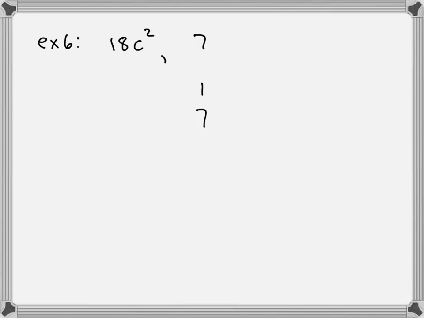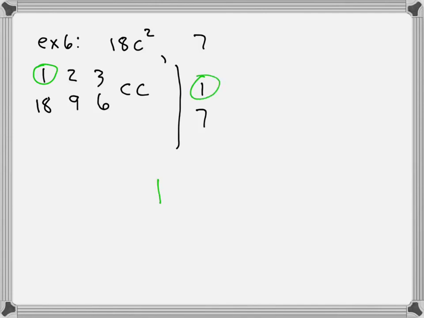But just for sake of argument, let's list out the factors of that first one. We have 1 and 18, 2 and 9, 3 and 6, and 2 c's. What is in common to both? The only thing in common to both is that 1. So your GCF is 1.